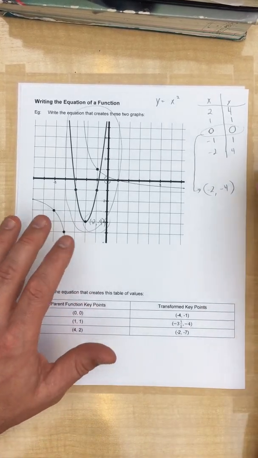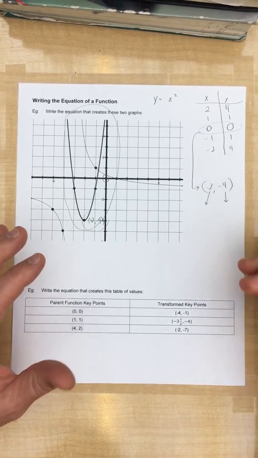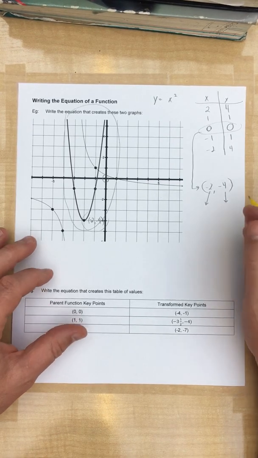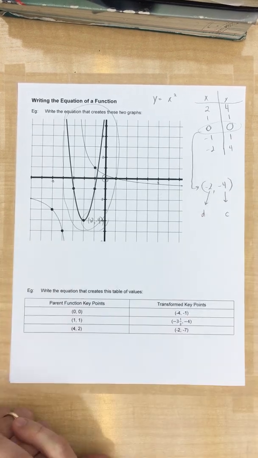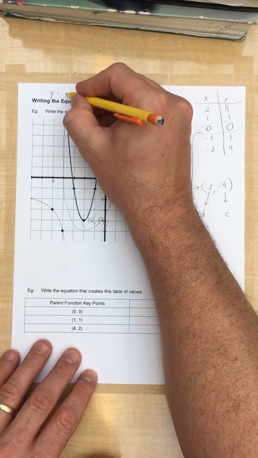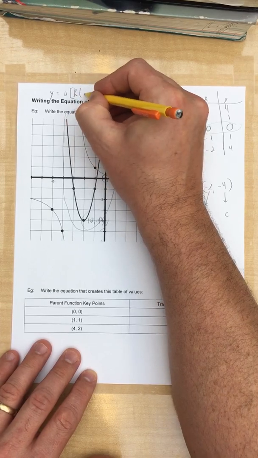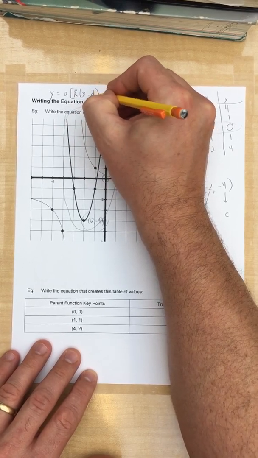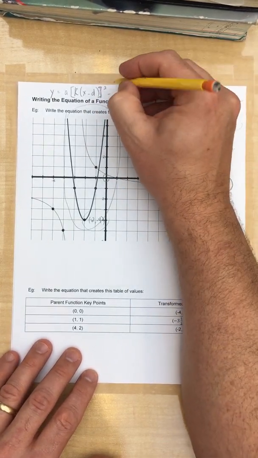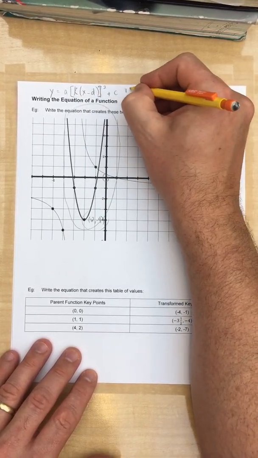Now the beauty, especially with a quadratic, is that this point we know has turned into the d value and the c value. In other words, for y equals a bracket k(x minus d) squared plus c, we know that in that format the vertex is going to be d, c.